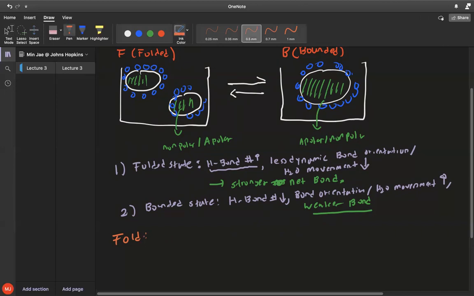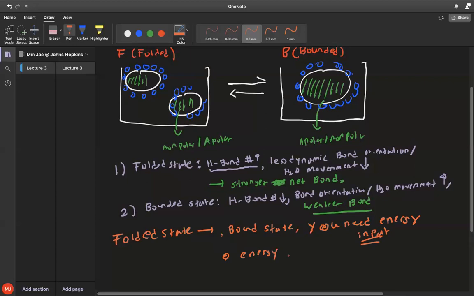So to summarize what I just said so far: to go from the folded state to the bound state you need energy input. In other words, energy is absorbed.